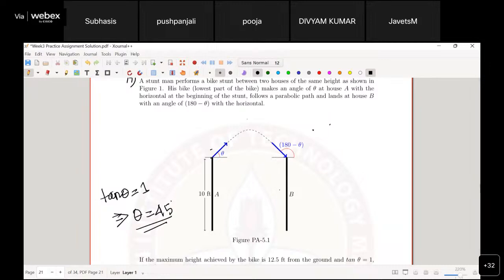Just a minute, because the y coordinate of this point and the y coordinate of this point are basically the same. So according to the axis of symmetry, this parabola is symmetric about this axis, so in that case these points should be at equal distance.